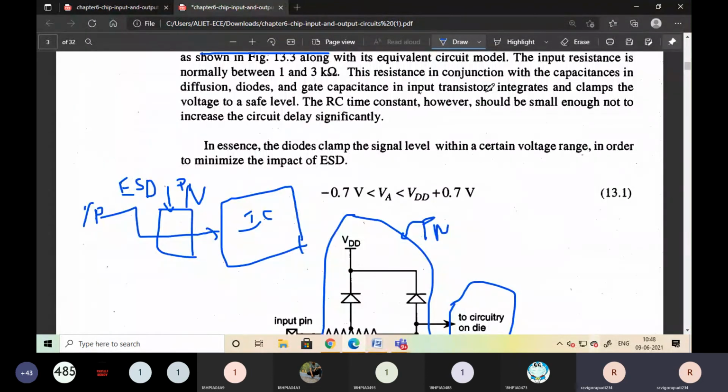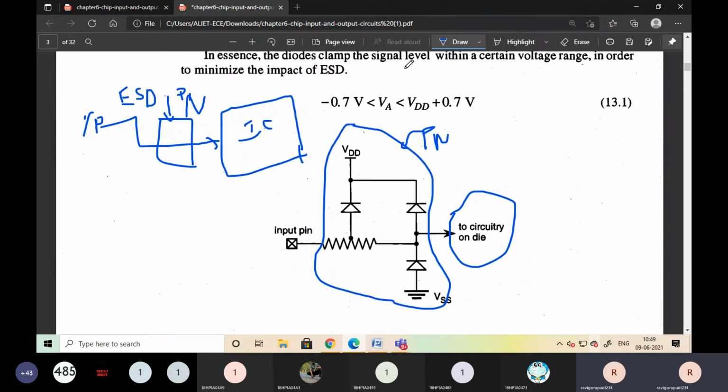And this resistance, in conjunction with the capacitances in diffusion diodes and gate capacitance in input transistors, integrates and clamps the voltage to a safe level. What he is saying is that this diode consists of some capacitance also.